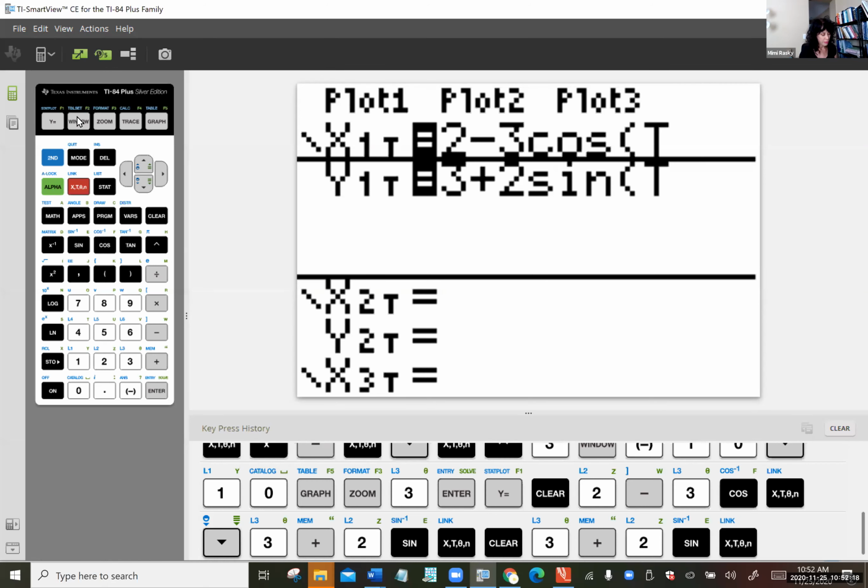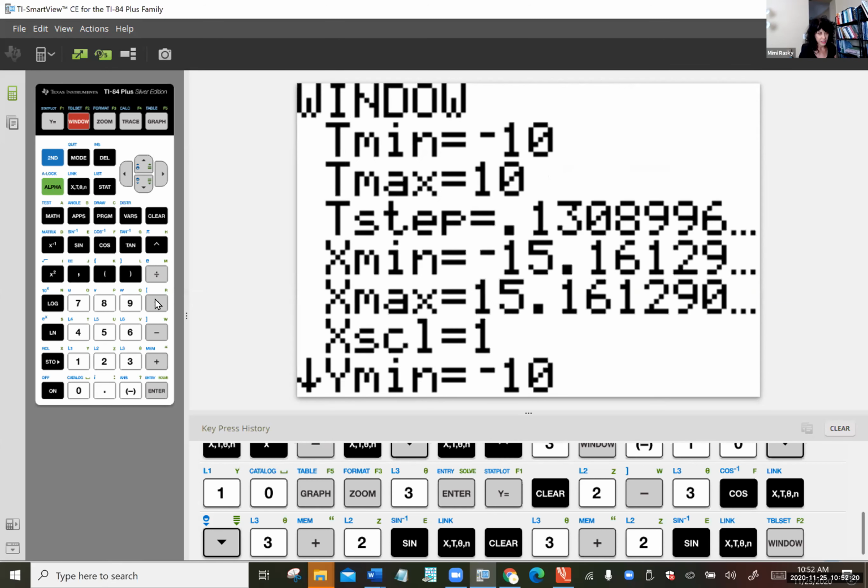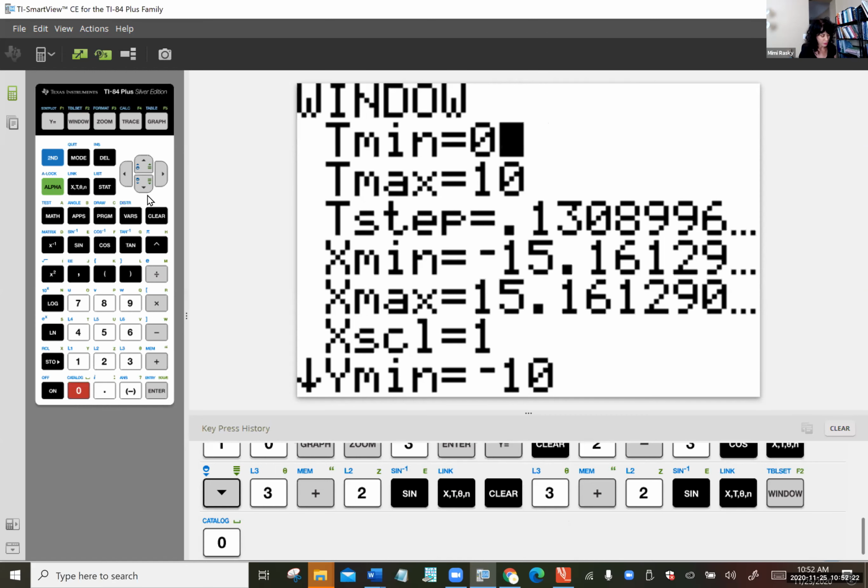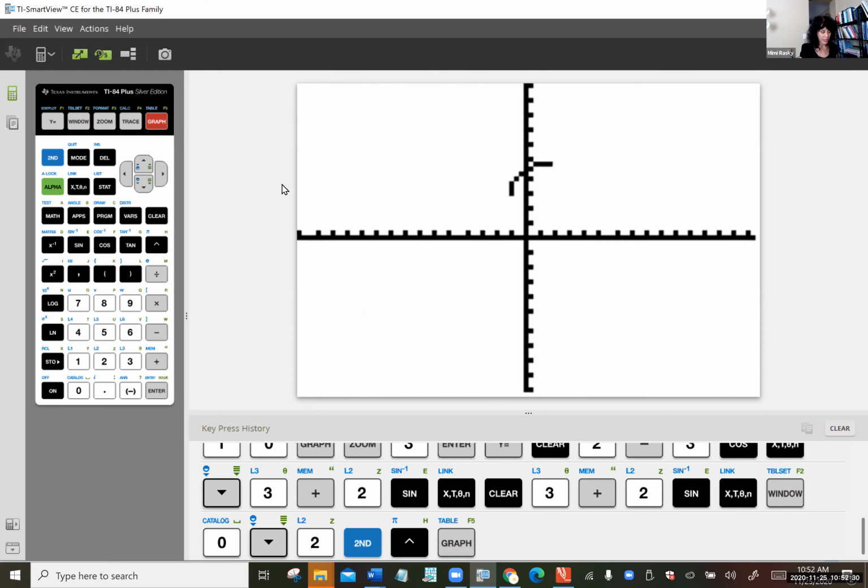Then I'm going to look at my window. I think negative 10 to 10 is overkill. Let's go from 0 to 2 pi. I think that might be enough to see the full picture. And when I hit graph, check it out. Oh my goodness, that is a cute little ellipse that's not centered at the origin. Can you see where the horizontal tangencies would be?